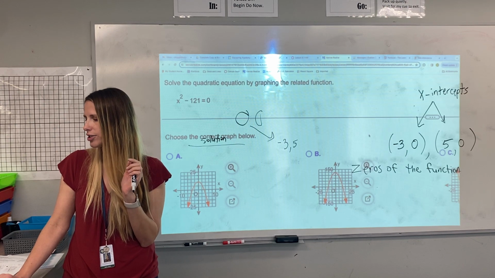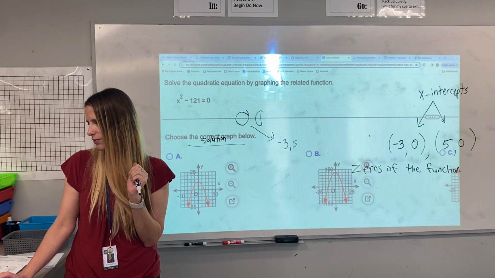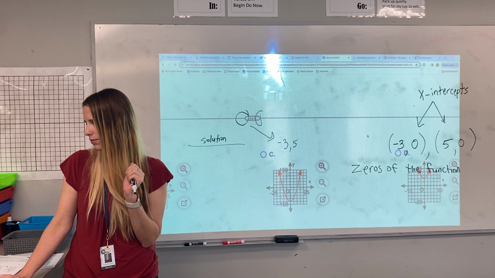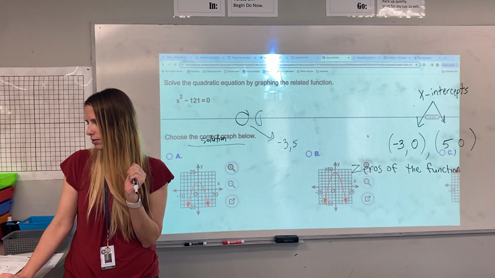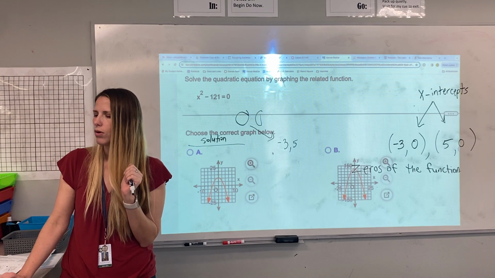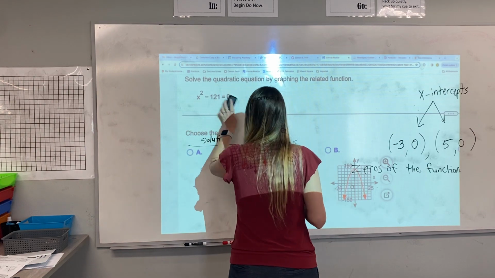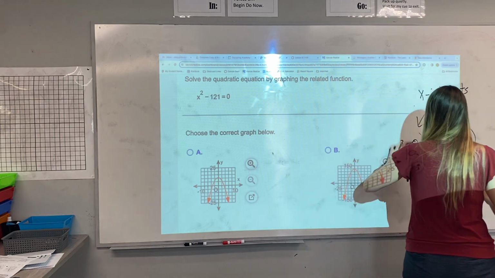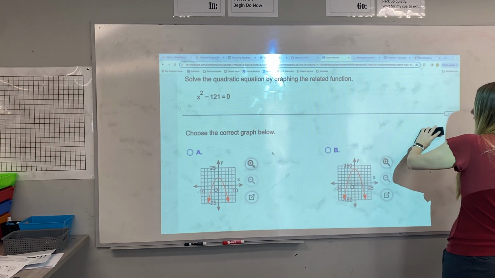Solve the quadratic equation by graphing the related function. Okay? This quadratic equation automatically gives us a piece of information that we can apply to the graph.